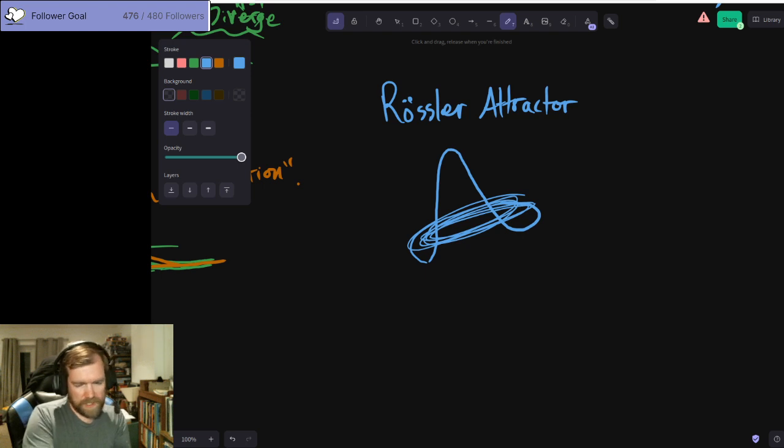So that particular attractor is one of the most famous ones, oftentimes thought of as the more beautiful one because it's similar to a butterfly's wings.